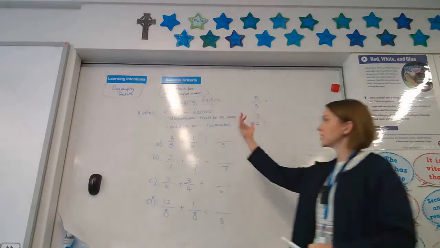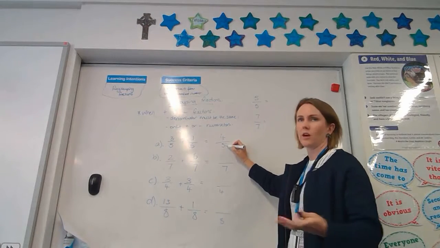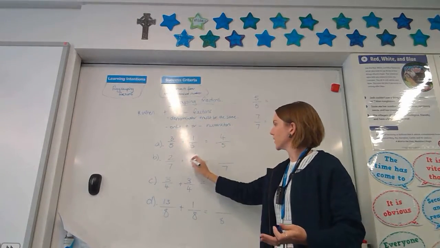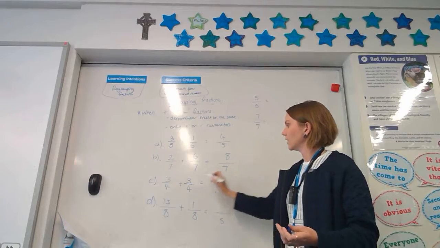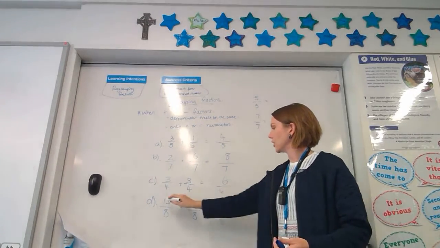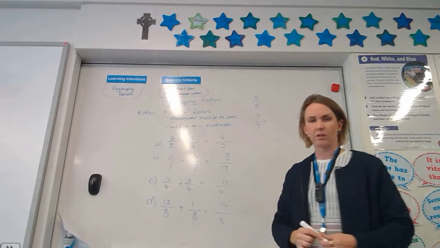Okay? So if I'm just adding the numerator, I've got 3 plus 1, 4, and then our original denominator of 5. Okay? 2 plus 6? 8. Over 7. Great. 3 plus 3? 6. Over 4. 13 plus 1? 14. Over 8. Okay, cool.